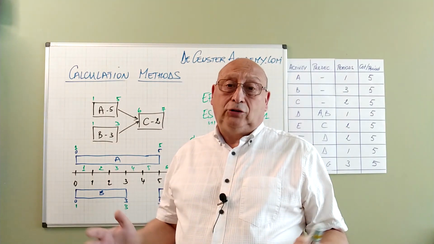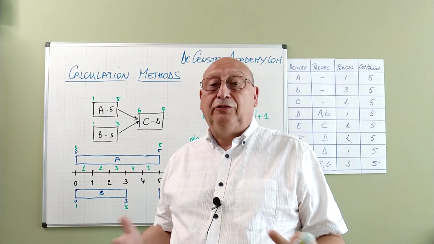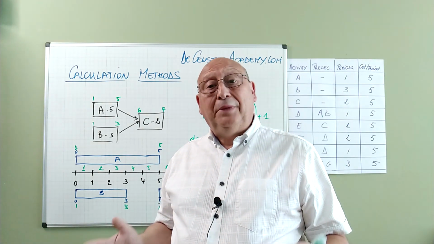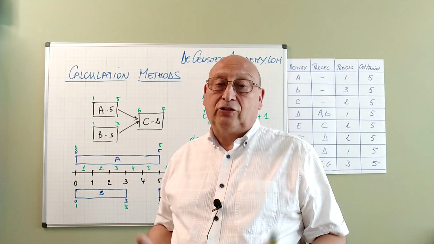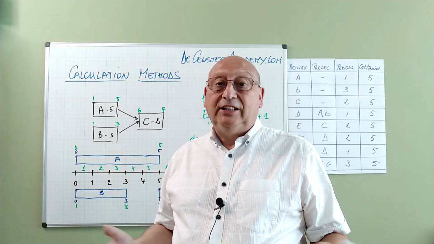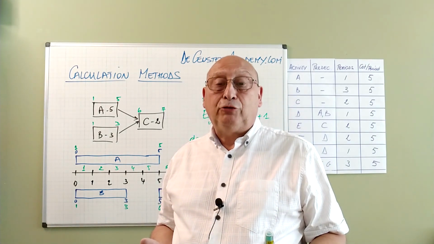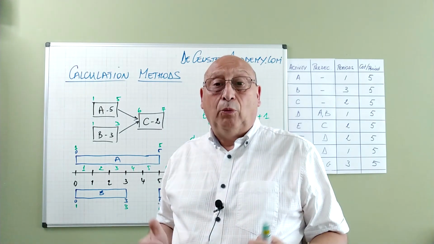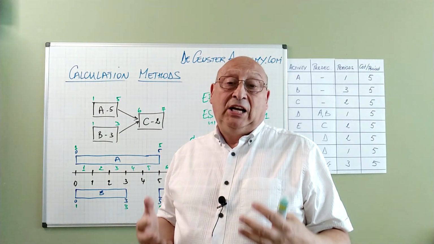This was all I wanted to tell you about the different ways to calculate the early start, early finish, late start and late finish. Basically, both methods are equivalent and should give you the same results. If they don't, there is some problem in the calculation. Also, the modern software is using the method starting from 1 because we start talking about days.